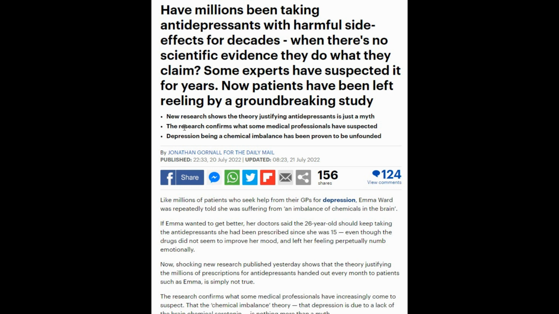Okay, so the research we've just mentioned confirms what some medical professionals, and notice we use the quantifier some instead of an article there. But by the way, we can get rid of the some. The research confirms what medical professionals have long suspected, and that would be fine.